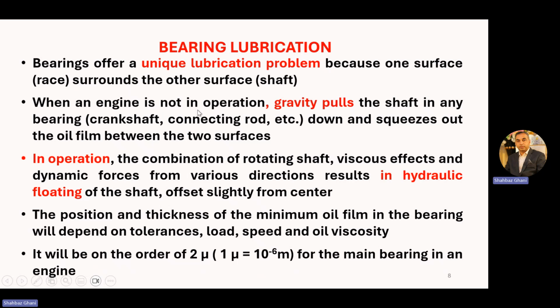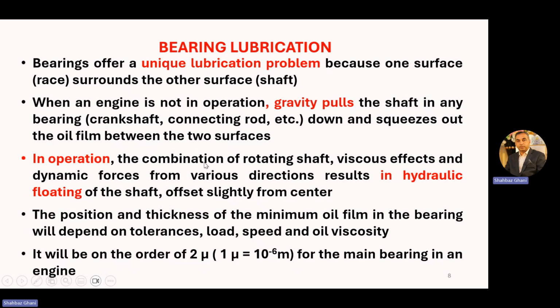When an engine is not in operation, gravity pulls the shaft in any bearing, crankshaft, or connecting rod down and squeezes out the oil film between the two surfaces. So when the engine is not in operation, due to gravity, the weight, the lower portion will be in contact and it will squeeze out the oil film between the two surfaces.